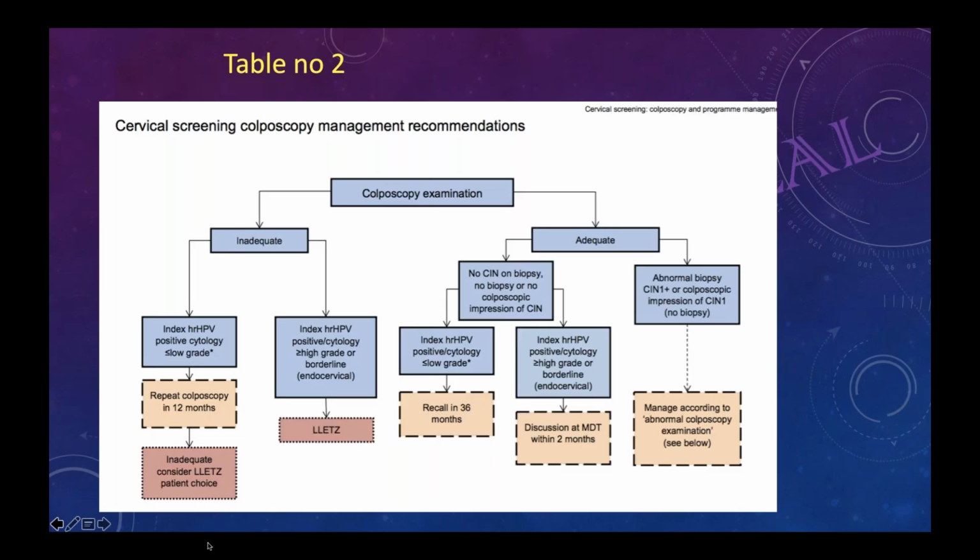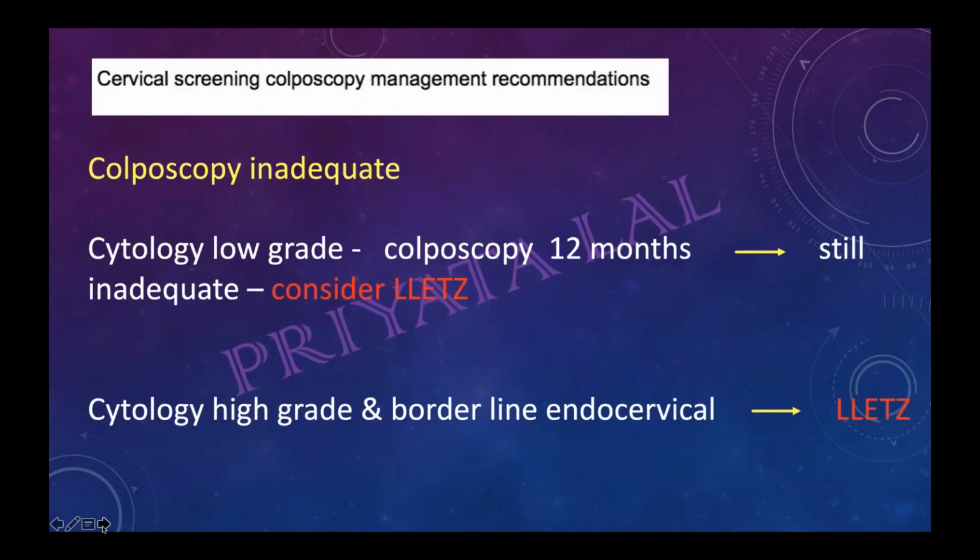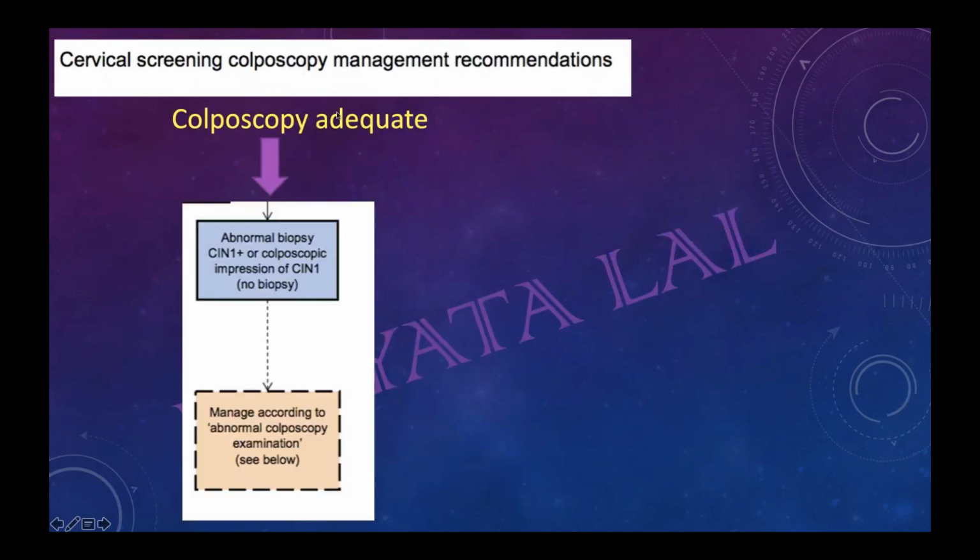I have explained this second column of this picture. This is the second column explanation. Now come to the third column. I need not explain anything, because the third column answer will come in table 3. So this is the third column of it.